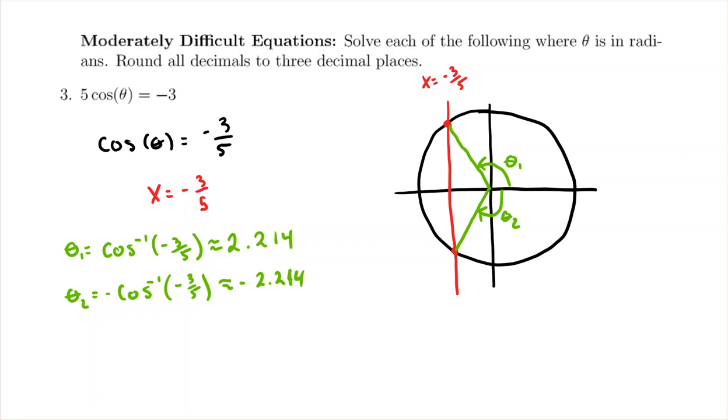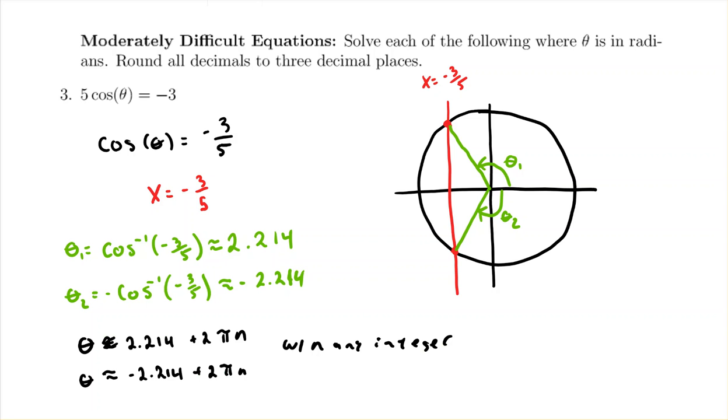But once you've found these two specific answers within one period of the function, it's just adding integer multiples of those values. So our final solution would be about 2.214 plus 2 pi n and negative 2.214 plus 2 pi n, where n is any integer multiple. So it's just a little bit more work. You have to use a little bit of your knowledge of inverse trig.